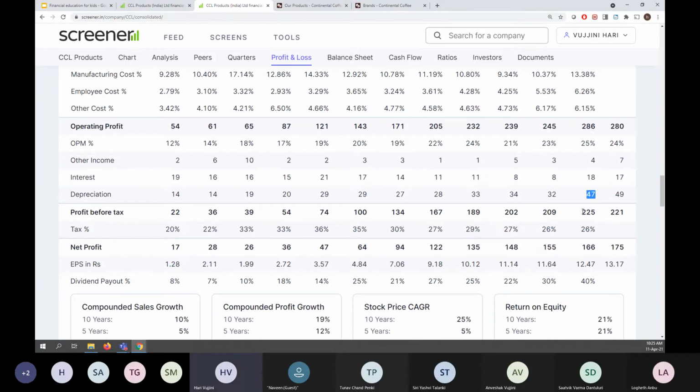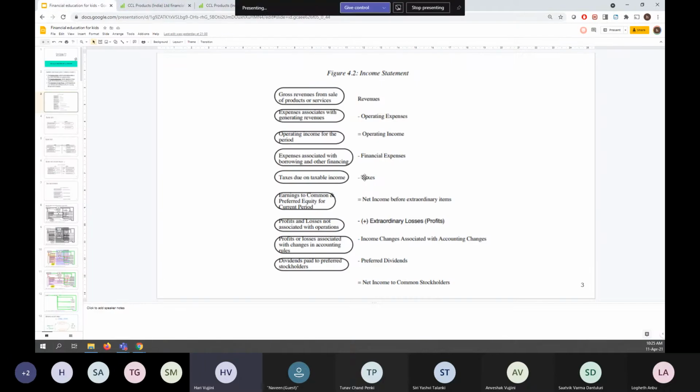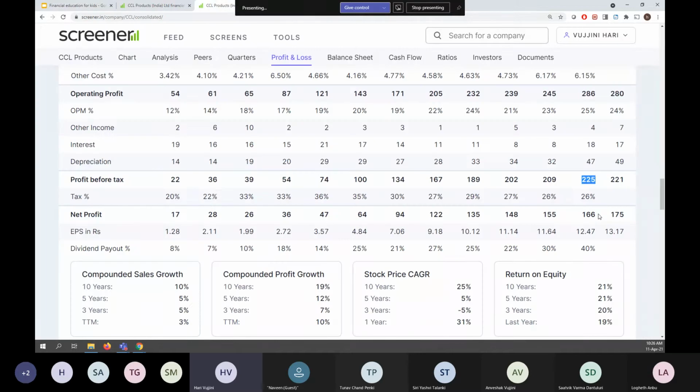So we got 225 profit before tax. Then we have to subtract taxes, because the government always wants to own some revenue from any business or individual. The government is getting 26% tax on this 225 million that they made. After paying the tax, they have a net profit of 166.